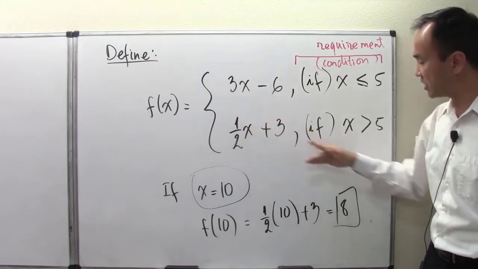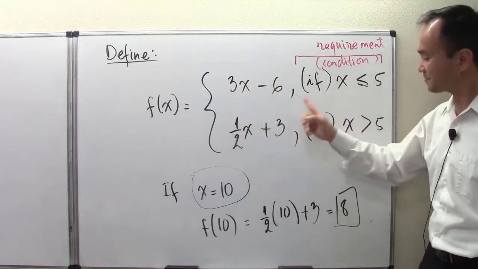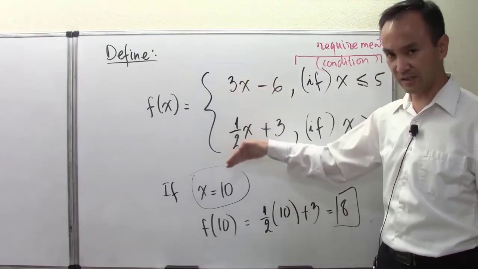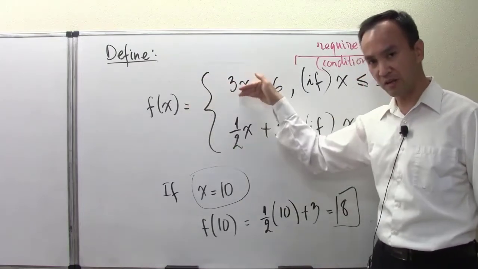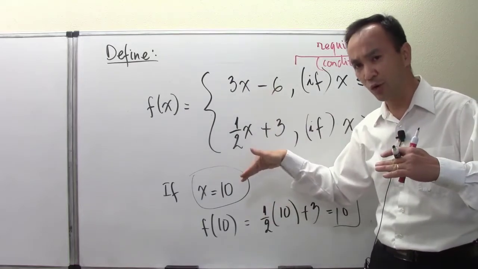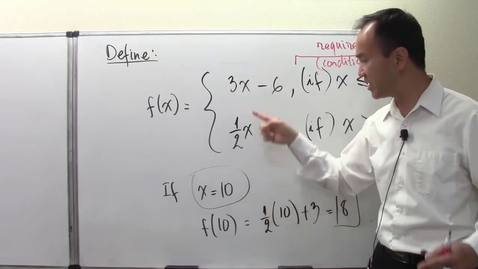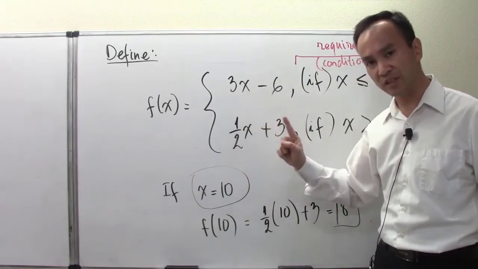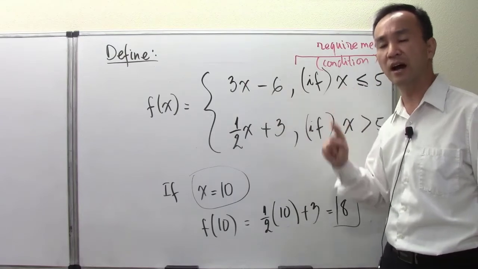Otherwise, if it falls into the other one, then we have to use this different rule. So each one of these is a rule, but one function can switch to different rules. We're not using both rules at a time, but we switch from one rule to a different rule depending on where we choose our input.